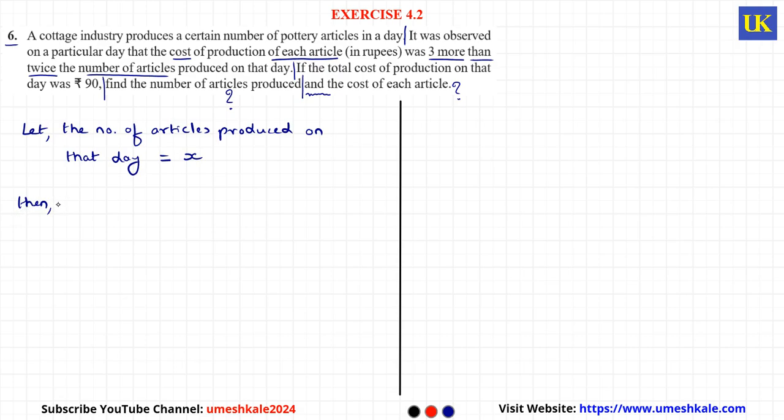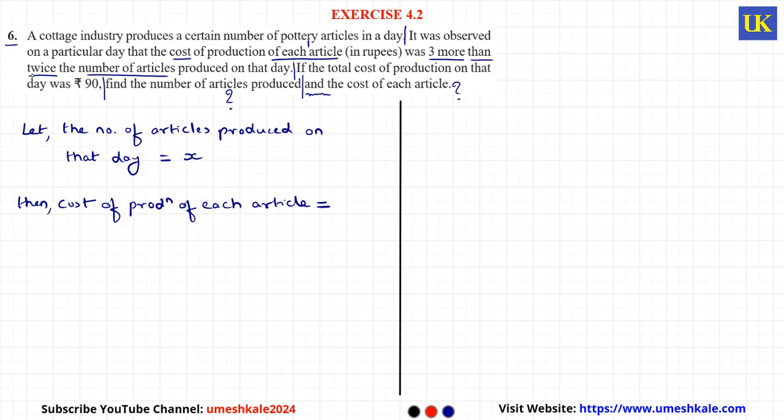Then the cost of production of each article, means one article, be equal to, they are saying that the cost of production of each article, means one article, was 3 more than twice the number of articles. So number of articles we have taken as x.